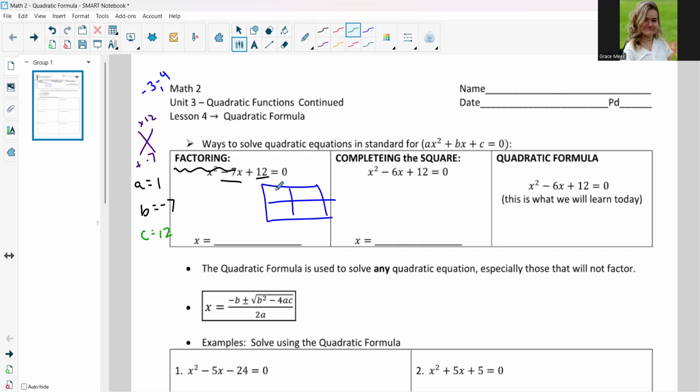I would have x squared here, and then 12 over here. And then in my other boxes, I would have -3x and -4x. Then I find the GCF, the greatest common factor, of each row and each column. Here, the biggest number that goes into both x squared and -3x is x. It doesn't matter if you start with a row or a column.